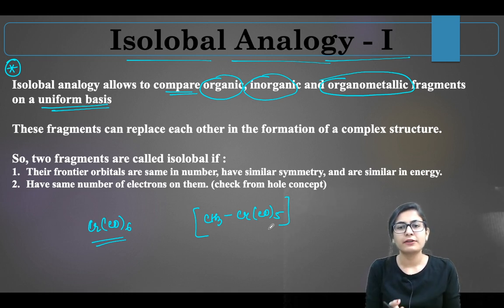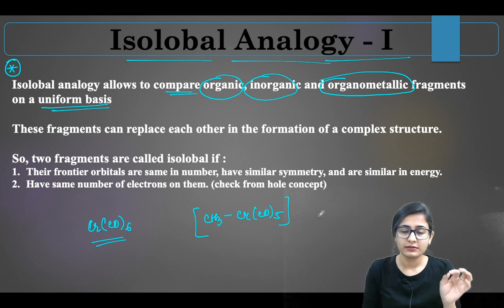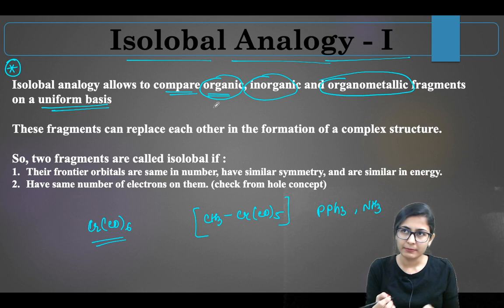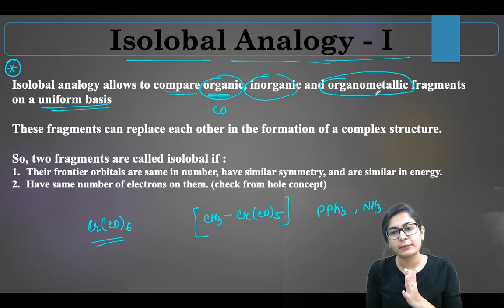So for understanding the bonding of a lot of metal clusters which involve not only the inorganic ligands, for example phosphine, ammonia, water, and so on, but they also have organic fragments, for example the alkyl fragments, the carbonyl is definitely there, and some other organometallic fragments also.